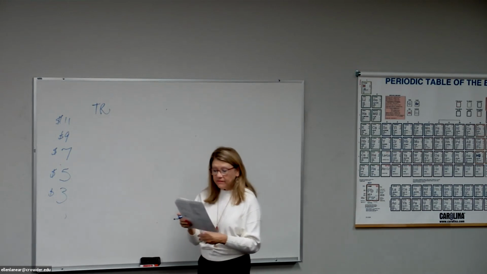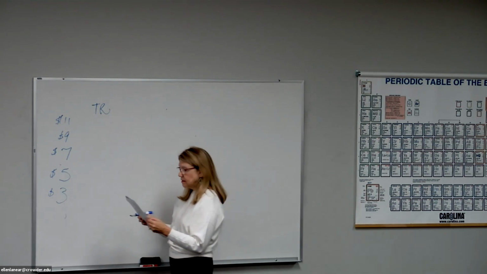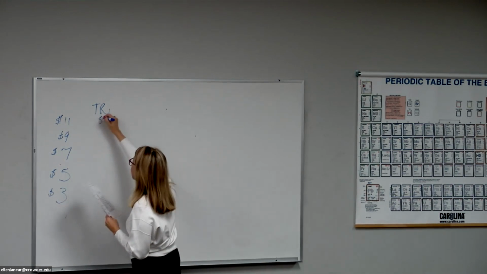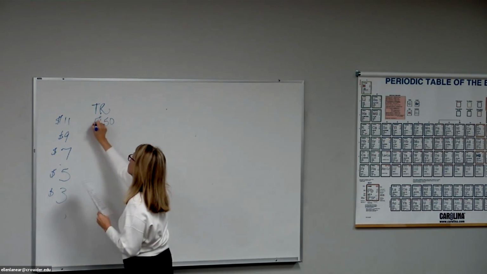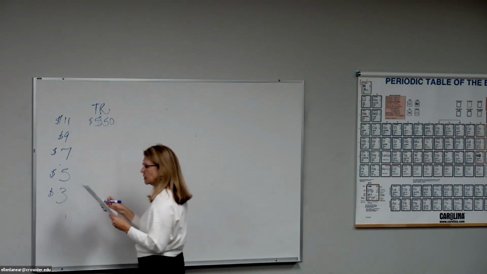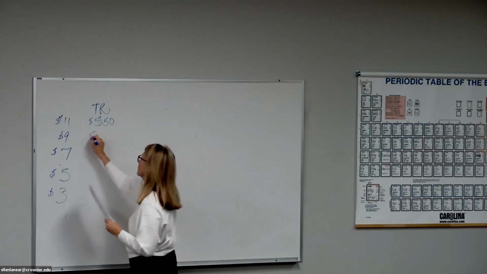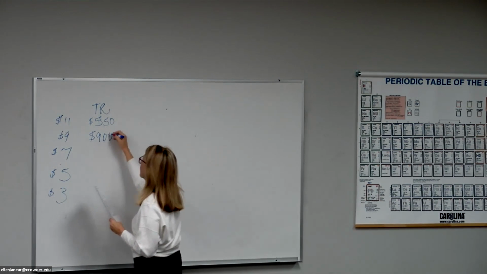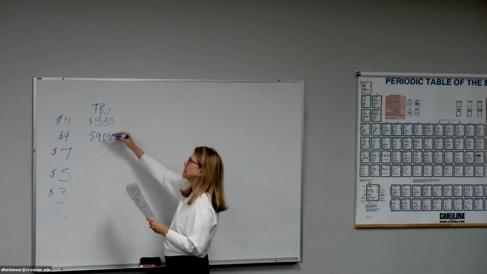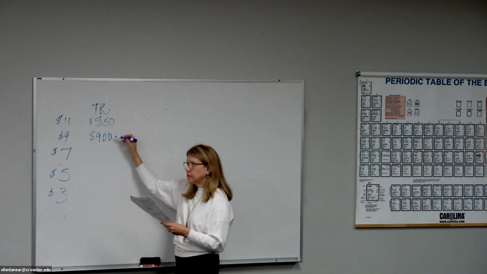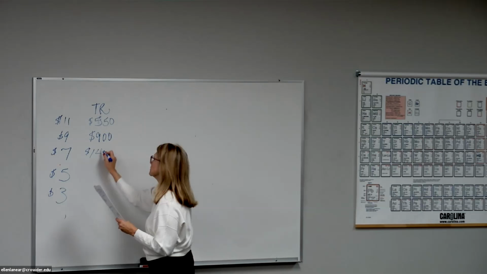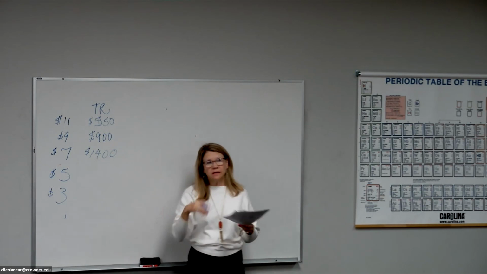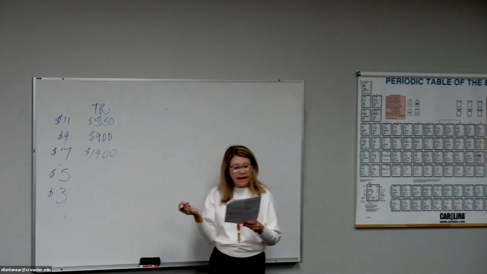So 11 times 50 is 550. 9 times 100 is 900. So far they're reducing the price and seeing revenues go up. $7 times 200 is 1,400. Still reducing the price and seeing revenues go up. So we know this is elastic.